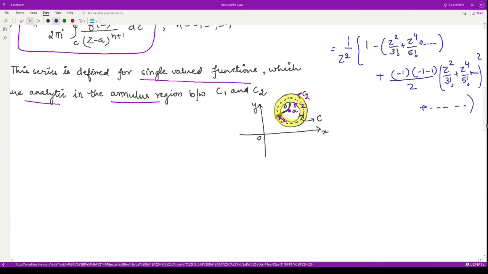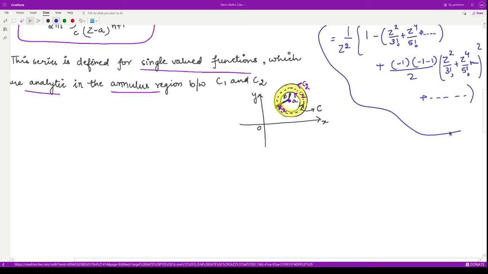So if I write this whole thing here, what do I get? It would be 1 by z square, right? And then here you would have minus 1 into minus 2 upon 2. So basically this term overall becomes 1.